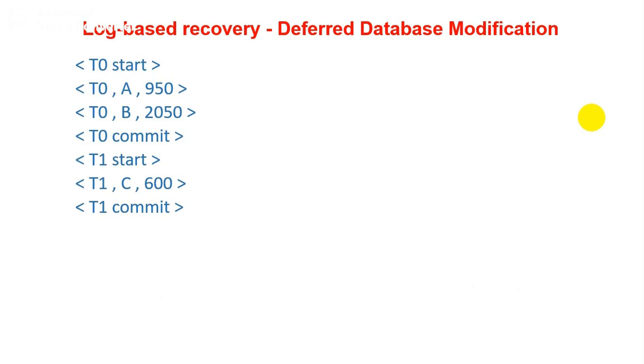So first we read data item A, then perform the transaction. Transfer $50 from account A to account B, means first we debit $50 from A and then write the updated value of A, then we read account B, then increment $50 to account B and write the final update into the B account.